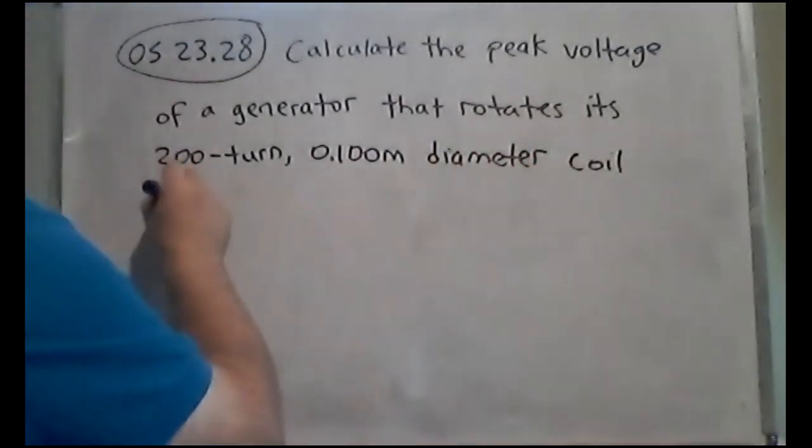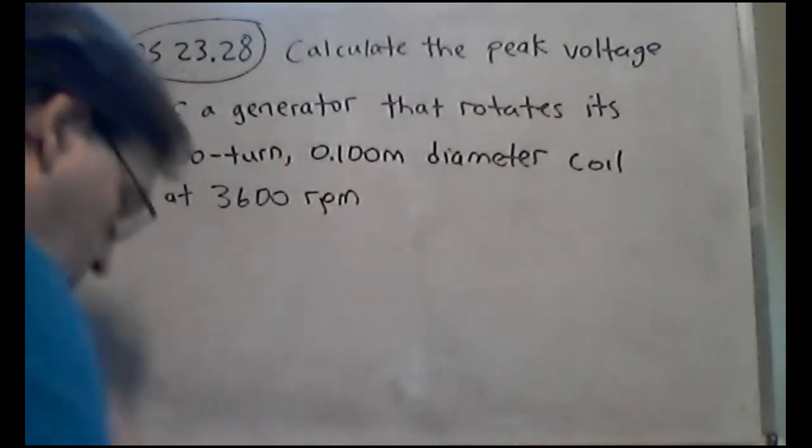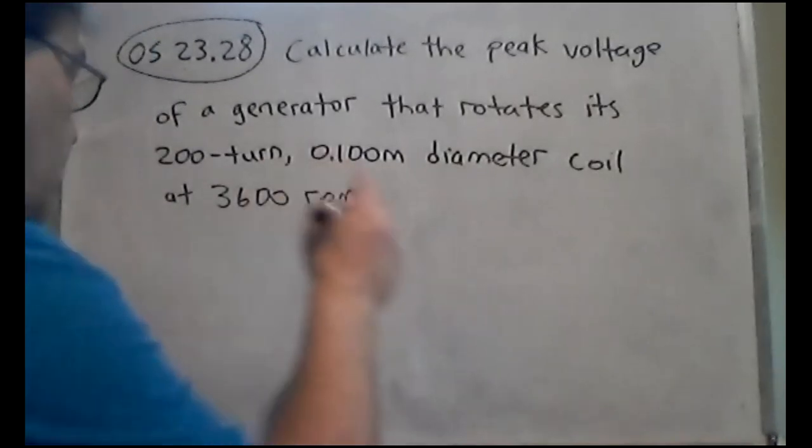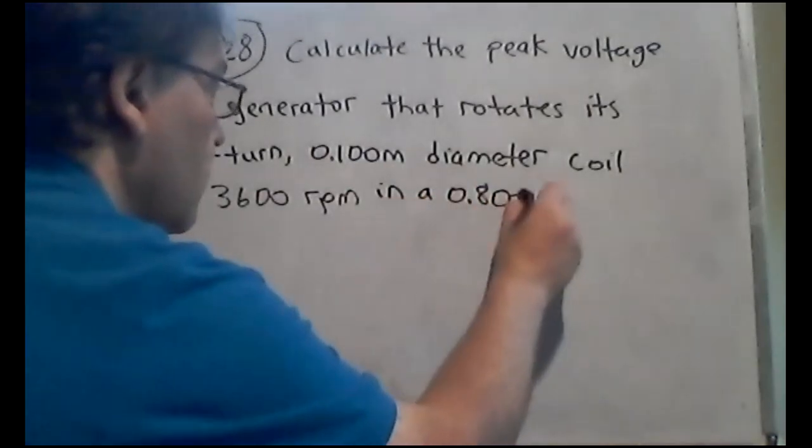Numbers here. And in a 0.800 Tesla field. So a bunch of numbers. All right.